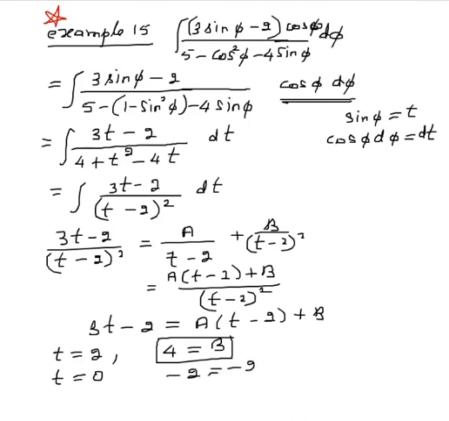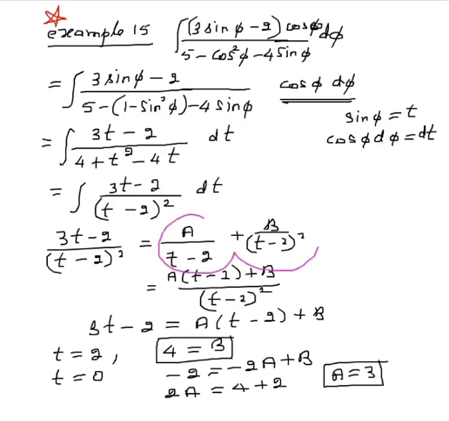Minus 2 is equal to minus 2A plus B. B is 4, so 2A is 6, A is 6 by 2, which is 3. Let us substitute the values of A and B in this step.